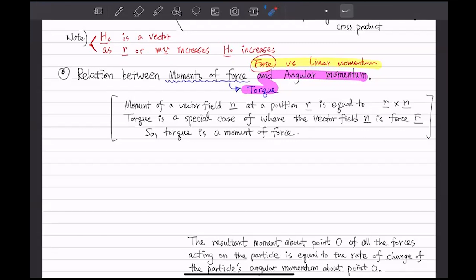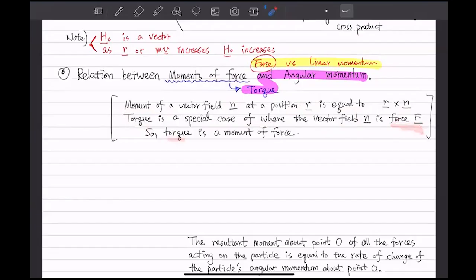And this moment of forces, the moment of a whatever vector field n at a position r is equal to r cross product n, okay? And torque is kind of a subset of a moment. That torque is a special case where the vector field happened to be the force, okay?